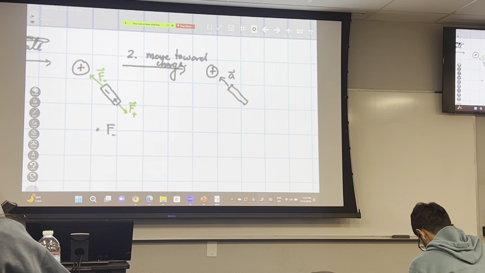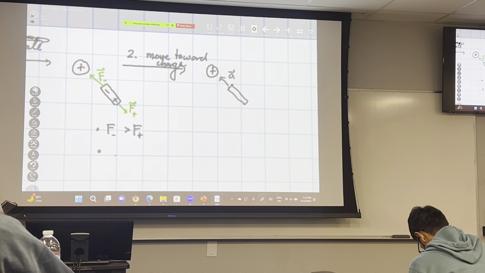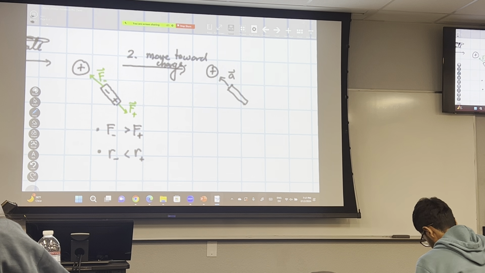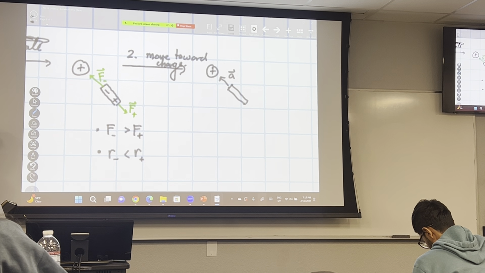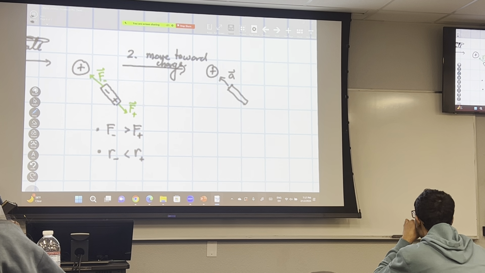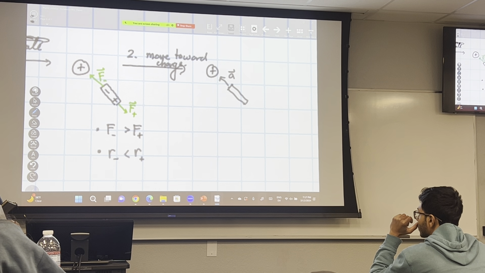Here, F negative is greater than F positive, and that's because R of negative is less than R of positive. Remember, point charges have a distance dependency. So for the motion of dipoles, you do have to consider the scenario and think about the different types of interactions it can have and the strength of the electric field that the dipole is placed in.